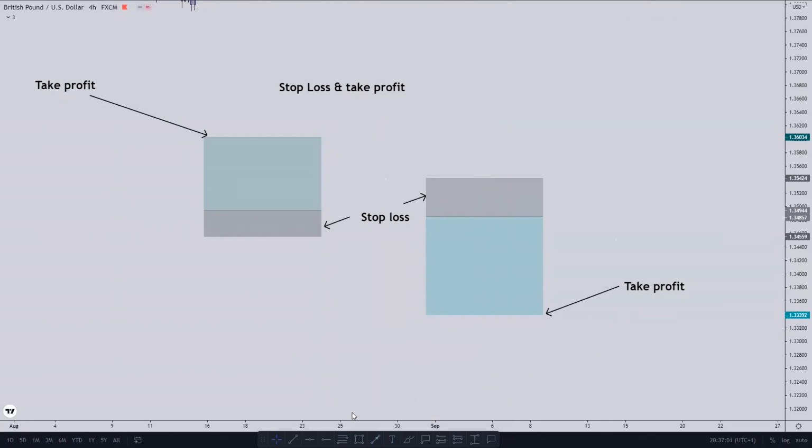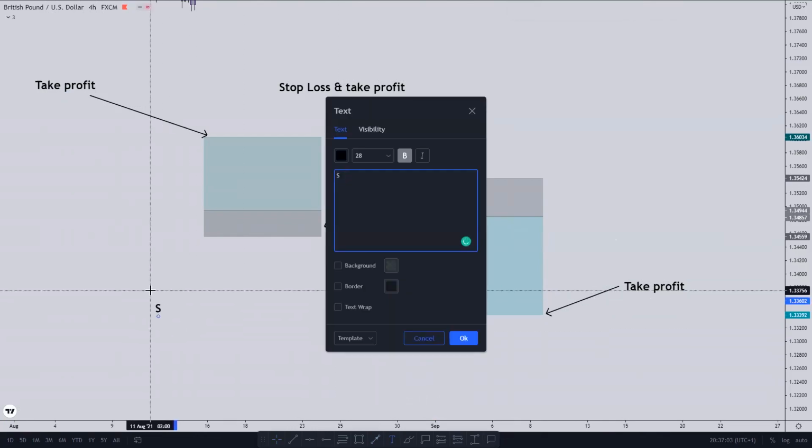Let's make some notes. Stop loss, just SL, is an amount you're willing to risk. TP, take profit, that's where you close your profits.